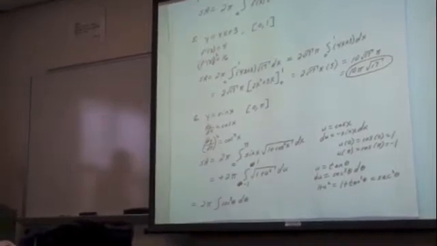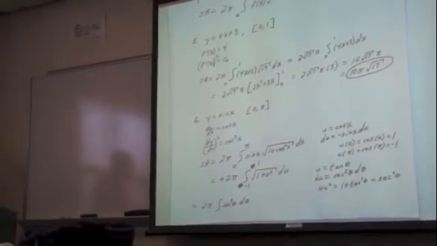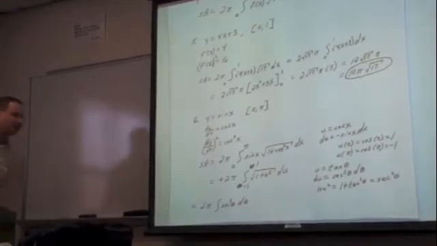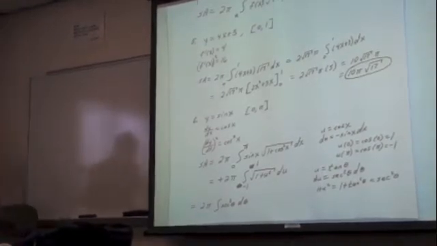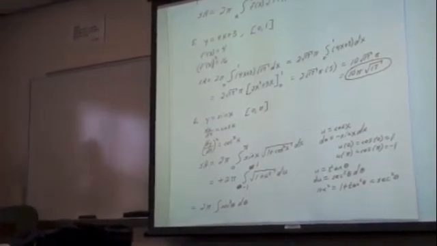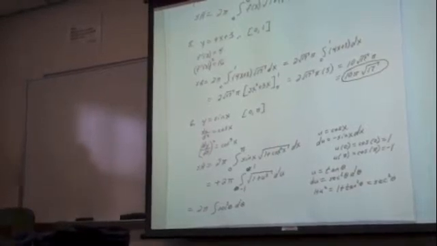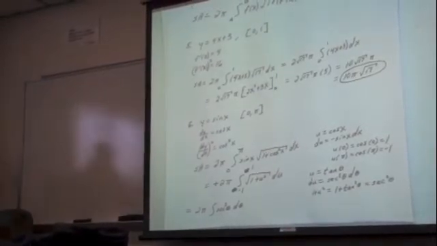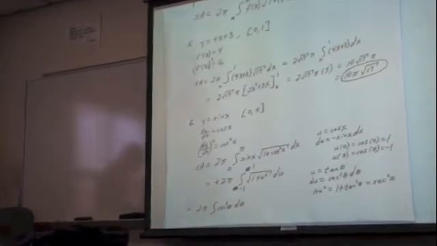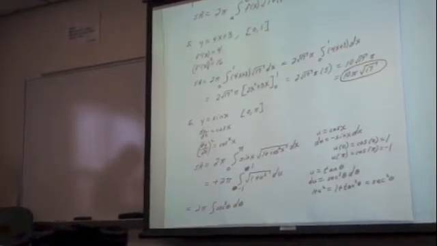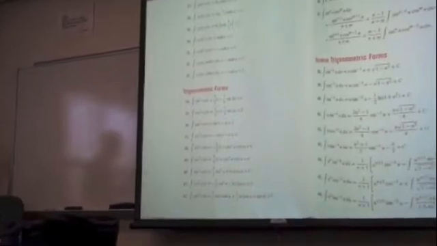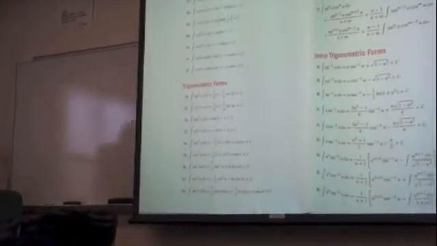So the integral of secant cubed theta, that's, I think, number 48 in your book. Let's see. Oh, 42 actually works easier. It's more direct. 42 gives you secant cubed u.